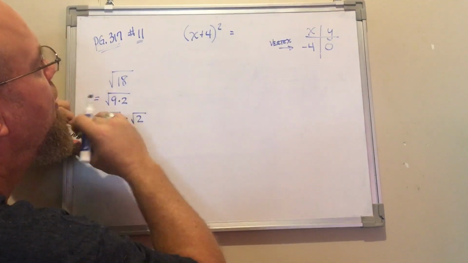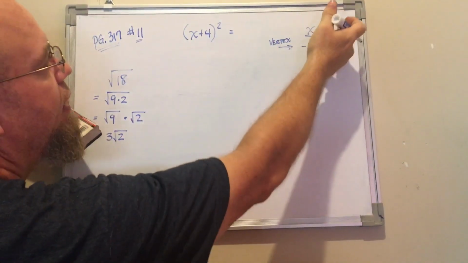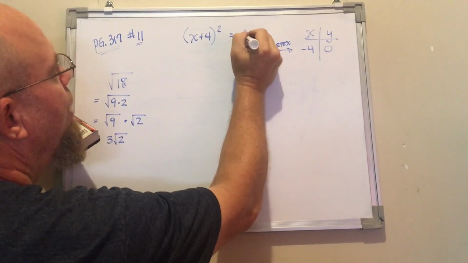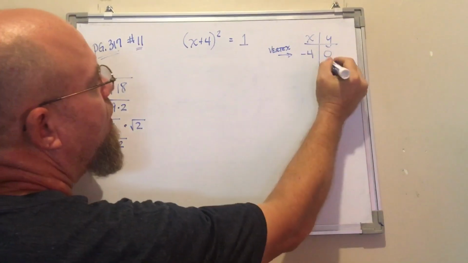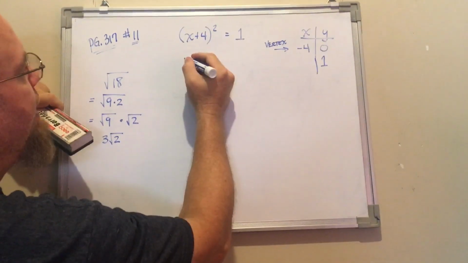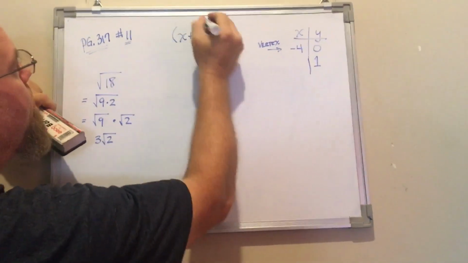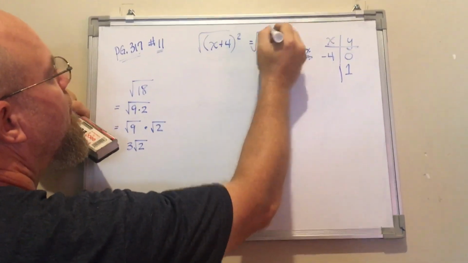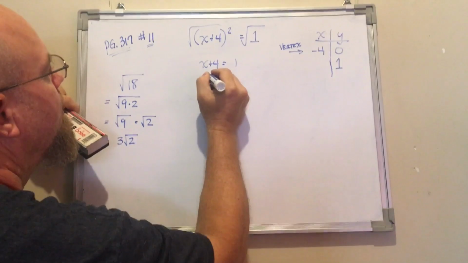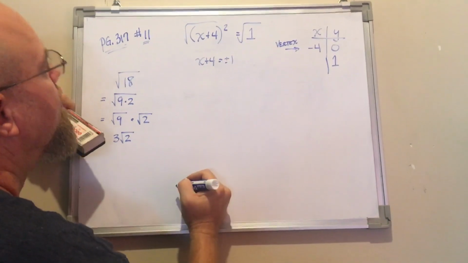So then we can plot other points. All right? What else is a perfect square that we can use for y? Well, 1 is, so we can put 1 in for the value of y, right? So what would that be? Well, you take the square root of both sides. So x plus 4 is going to equal, I'm sorry, plus or minus 1.